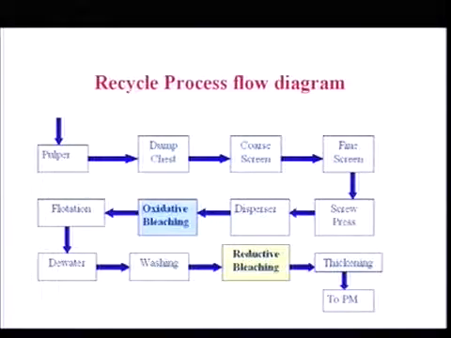In the reductive bleaching, you can use hydrosulfite or sodium borohydride or FAS chemical for bleaching here. And then you come out at a neutral pH between 6 and 7, thickening process, and it goes to the paper machine. So, oxidative bleaching first, followed by reductive bleaching next in the de-inking process.